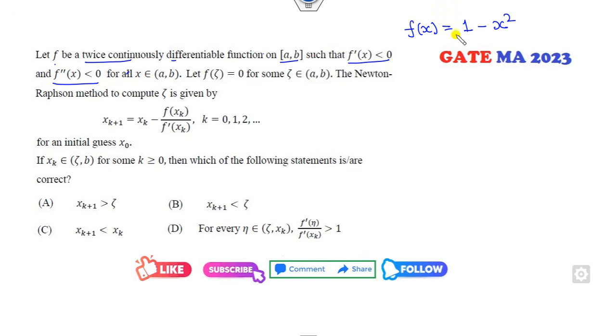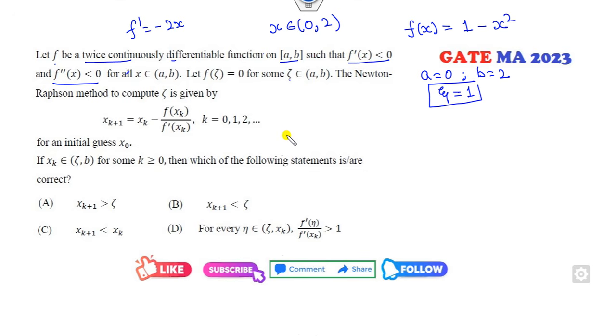So what is f dash? Minus 2x. So I can choose x belongs to 0, 2. That means I have chosen a as 0, b as 2. Xi lies in between them. So I can choose xi as 1.